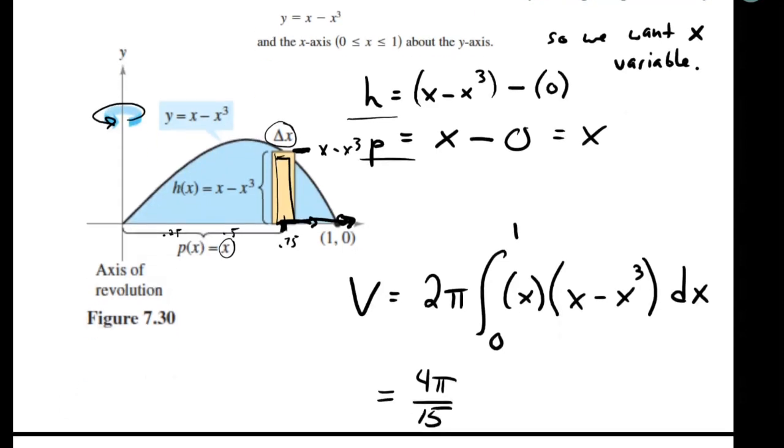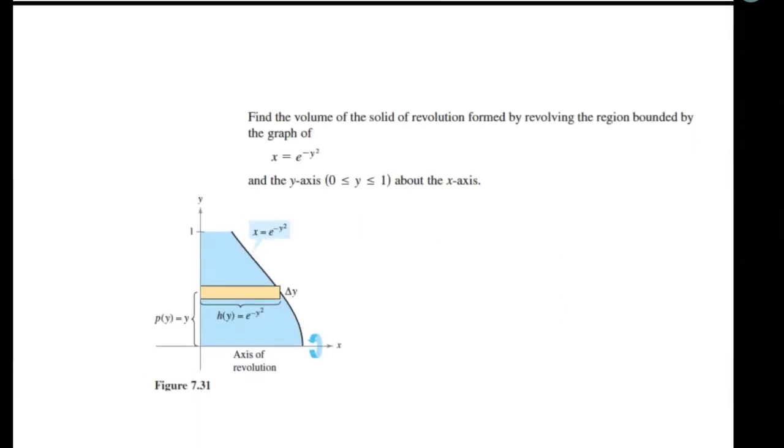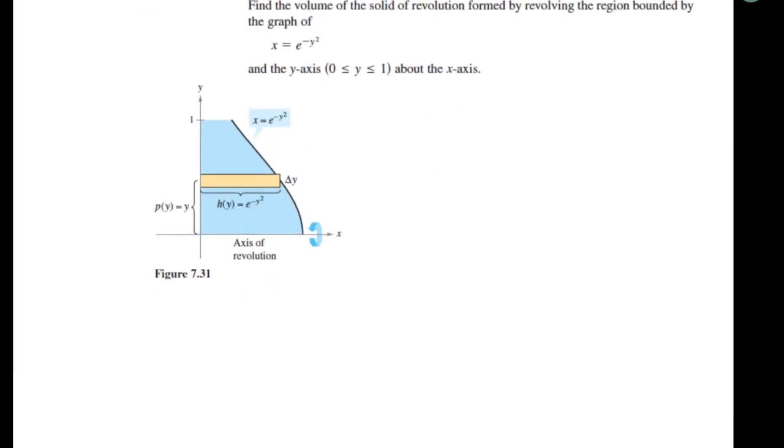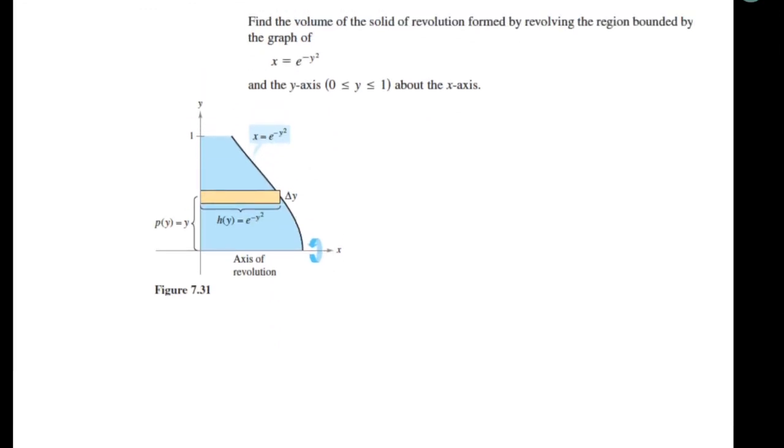So let's see that again, maybe on a different problem. Now we have finding the volume of a solid of revolution formed by revolving this region around the x-axis. Notice since we're doing a horizontal, we want to be in terms of y. It's nice they give that to us, x equals e to the negative y squared.